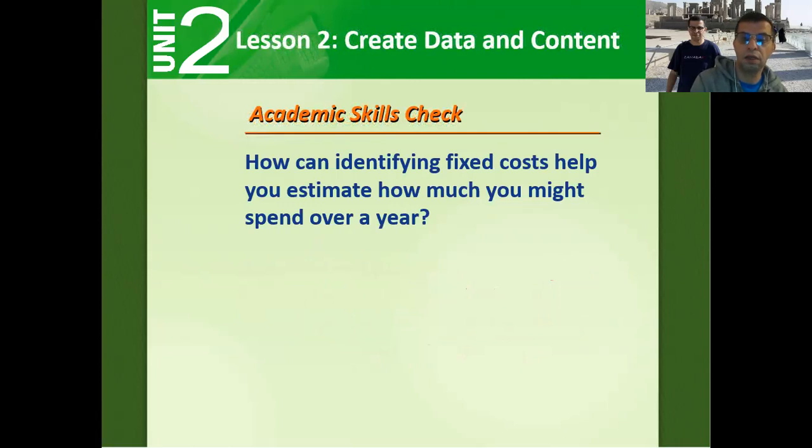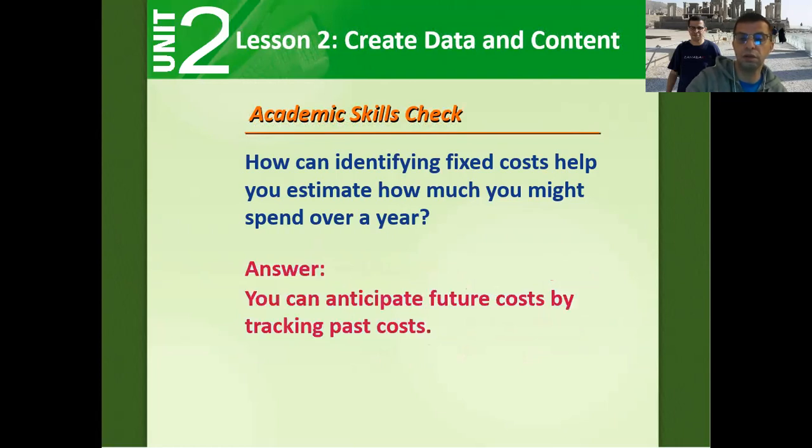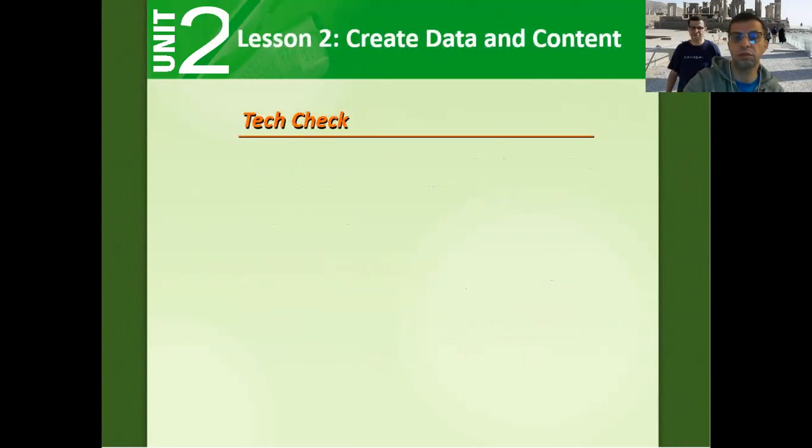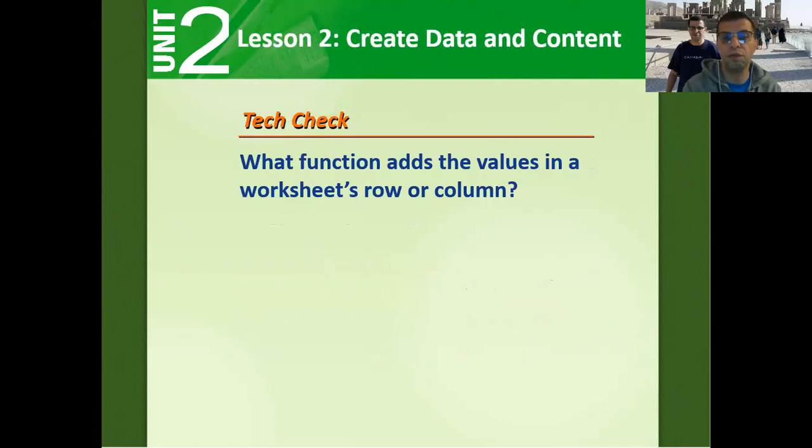How can identifying a fixed cost help you estimate how much you might spend over a year? You can anticipate future costs by tracking the past costs, whether they increase, stay the same, or decrease, percentage-wise also. What function adds the values in a worksheet row or a column?